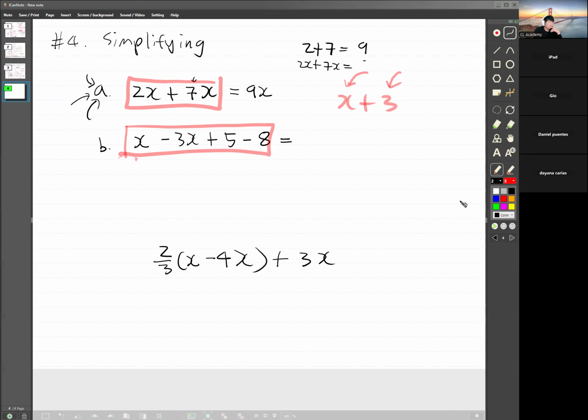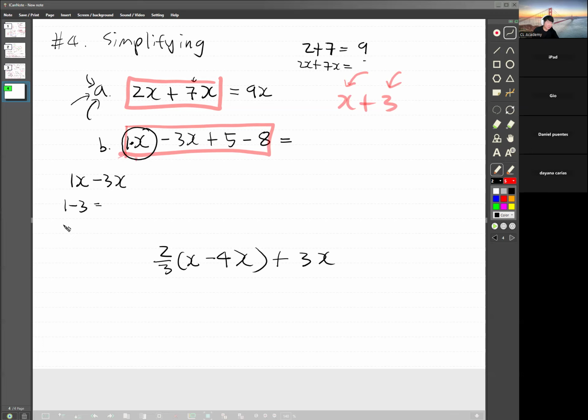Okay, let's see. Again, in front of x, there's a 1, but we omit it. So this is 1x minus 3x. So what is 1 minus 3? Send me a message. What is 1 minus 3? Yes.